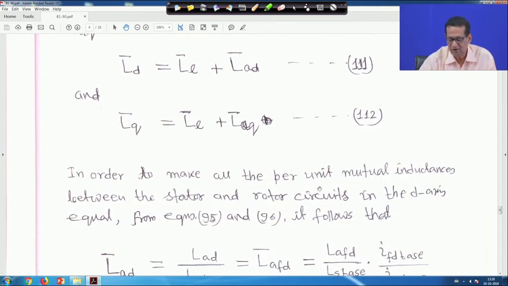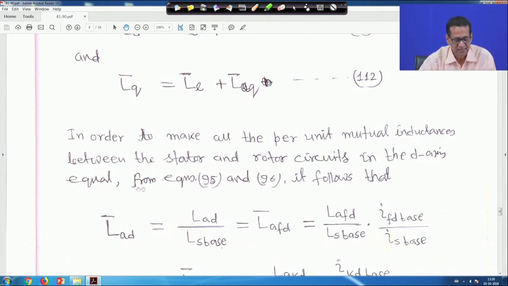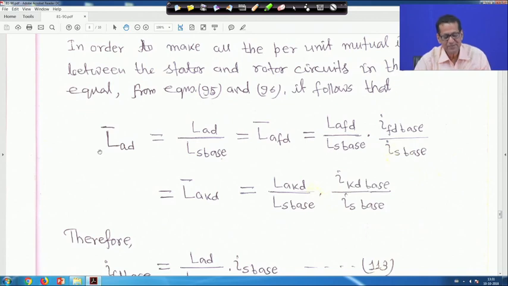In order to make all the per unit mutual inductances between the stator and rotor circuits in the d-axis equal, from equation 95 and 96 it follows that you have to make everything equal, because you have to make a per unit thing either rotor side or stator side, they should be equal.